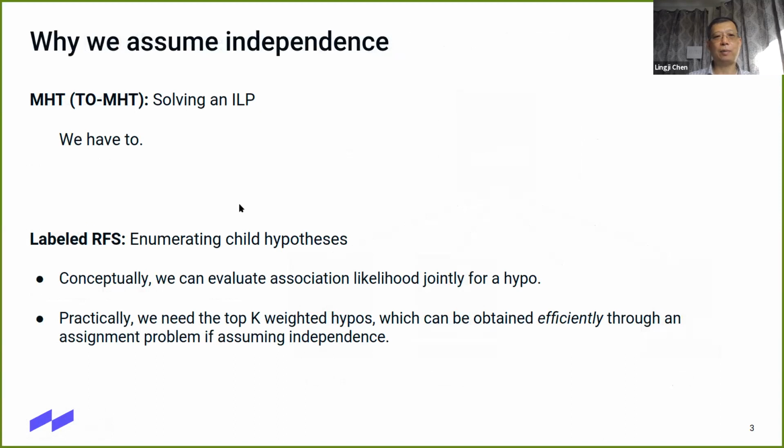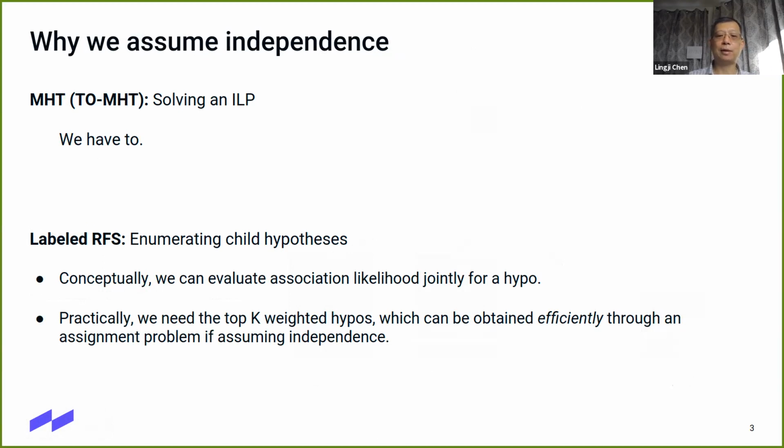Now, why do we often assume independence? In the MHT, multiple hypothesis tracking framework, or more precisely, in the track-oriented MHT framework, we are basically solving an integer linear programming problem.